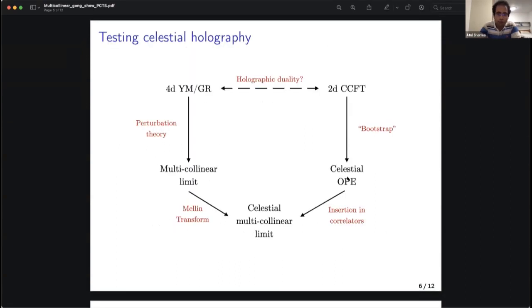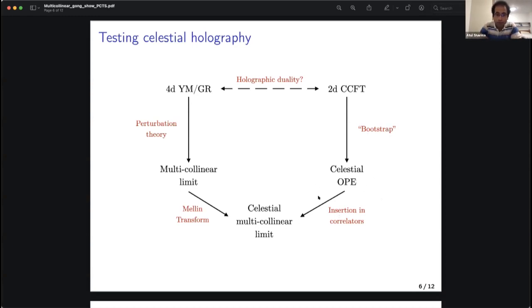So here's a flow chart of how this might give us a two-pronged test of celestial holography. On one side, you could try to do perturbation theory, determine the multicollinear limits, and Mellin transform. On the other side, you can conjecture that they come from a celestial OPE, where I've put bootstrap in quotes because I'm only going to use symmetry constraints, but in future, you could try to do anything you like, associativity and stuff.